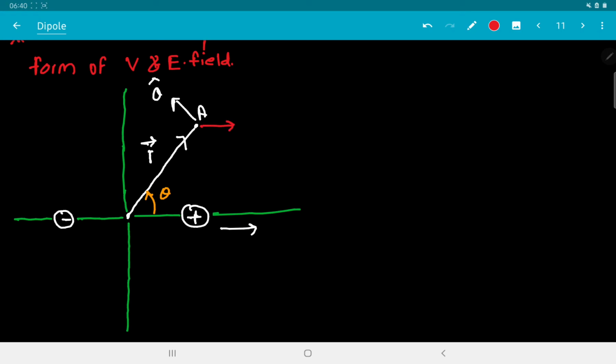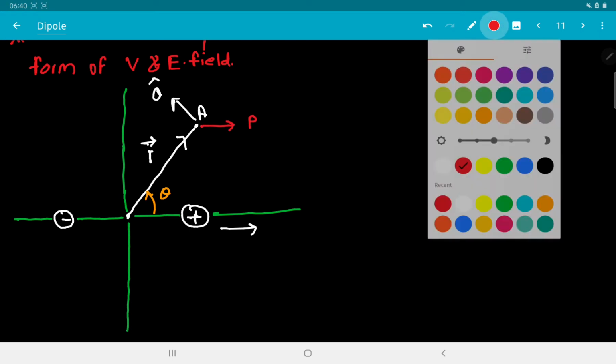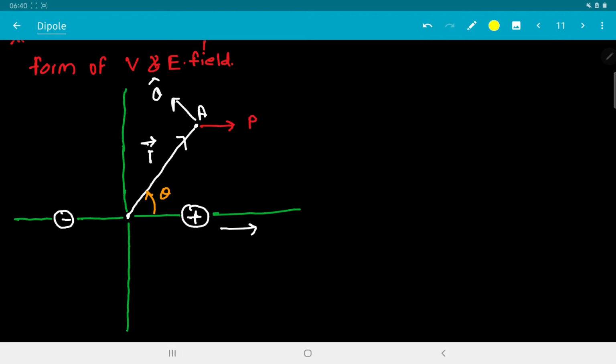This is the direction of the dipole. This is the direction of r cap, and we can say this is the opposite direction to theta cap, so we can write minus theta cap here. Now this angle is theta, and this angle will also be theta. So we can represent this p vector.